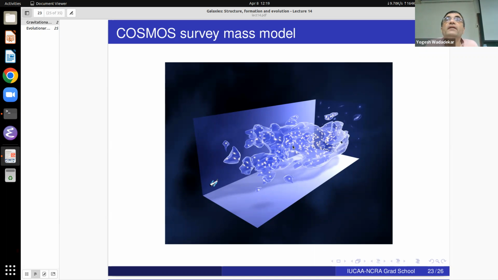Sorry? No, this is like a pencil beam survey, very narrow but very long. So this axis is quite long, and therefore you can see a very inhomogeneous distribution. No, I mean it's long but not that long.